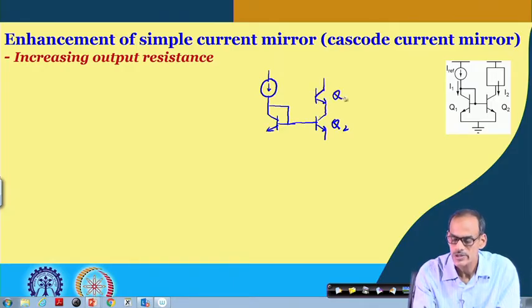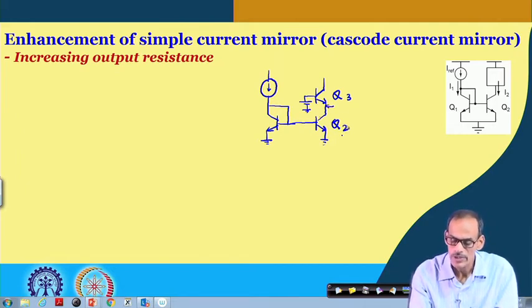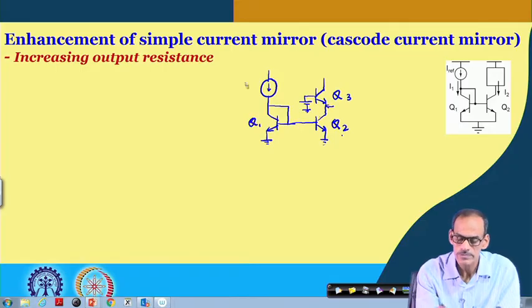Let us call this Q3. We may have a meaningful voltage here. When I say meaningful voltage, what we are saying is that the voltage here should be such that transistor 2 is in the active region of operation.